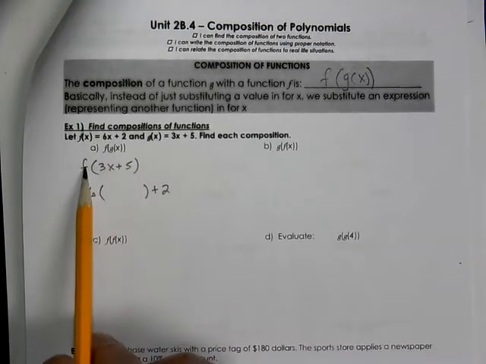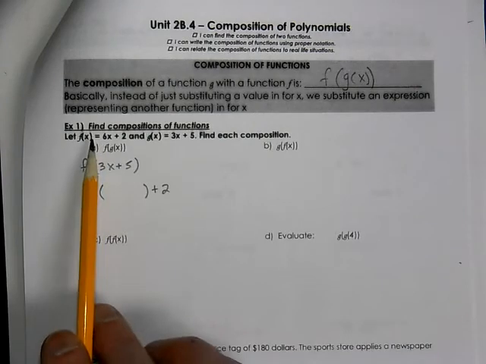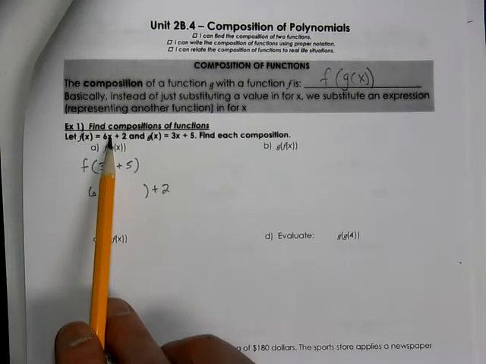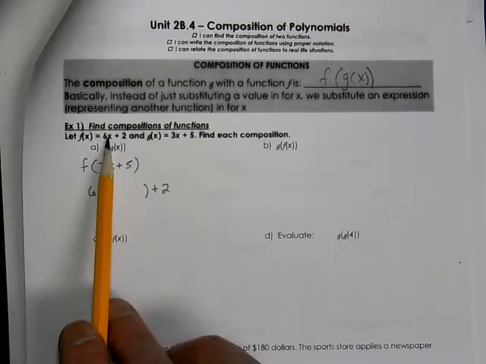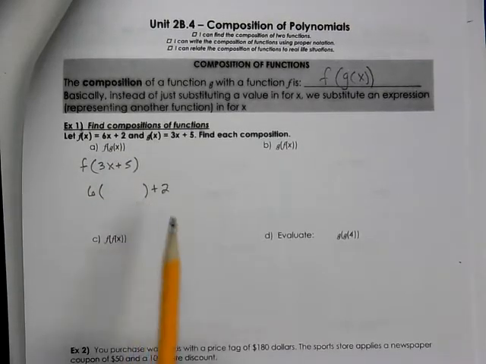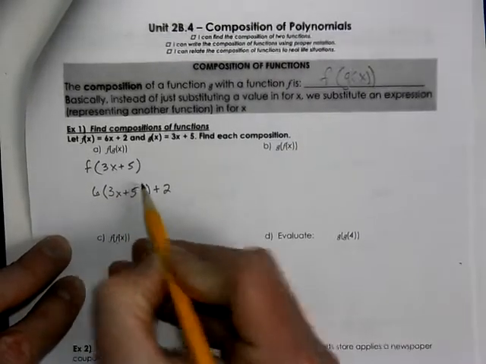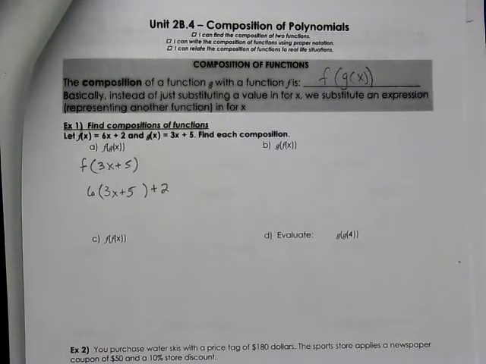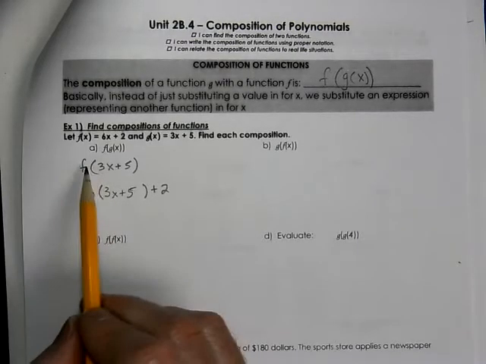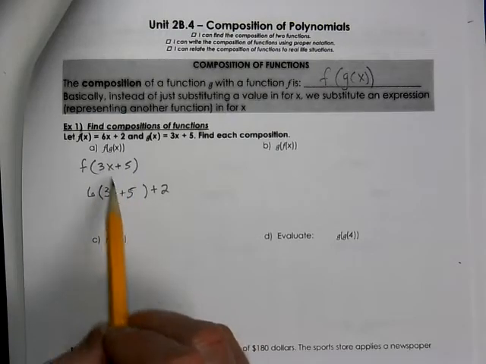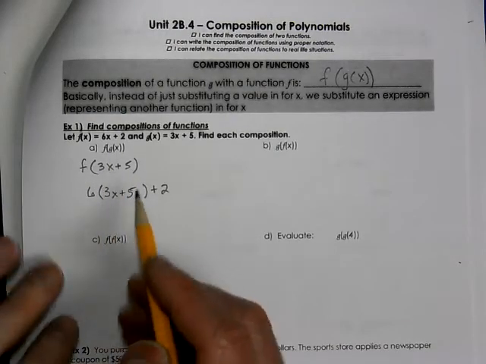The f function, f of this, is 6 times some amount plus 2 extra. So we're going to plug the 3x plus 5 inside where the x used to be. The f function no longer has that x. We have the parentheses where we plug in the entire g function in place of that x.